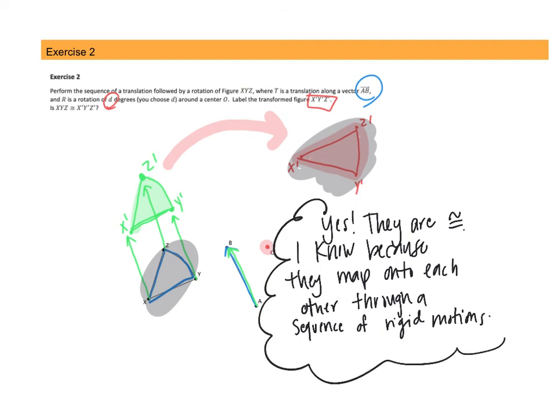And that's pretty much the big idea of our lesson today, is that you can prove two shapes are the same size and shape, that they're congruent, by mapping them onto each other, by moving them, sliding them, rotating them, reflecting them so that they lay right on top of each other. And if they do, they're congruent. All right? Make sure you have this down before we go over our lesson summary.